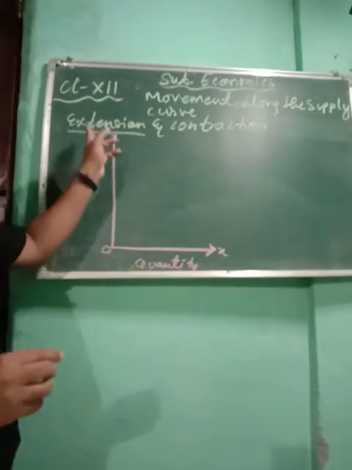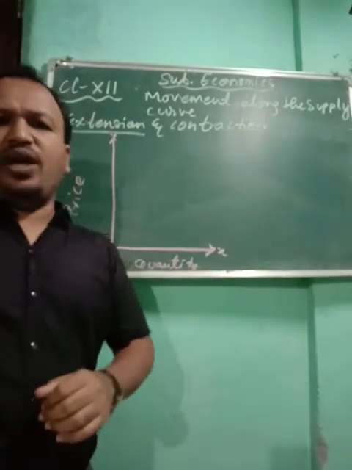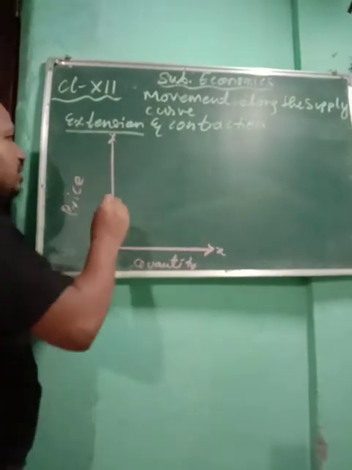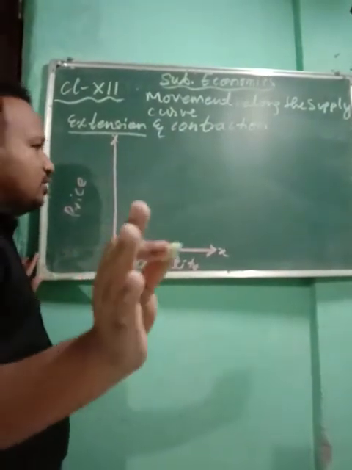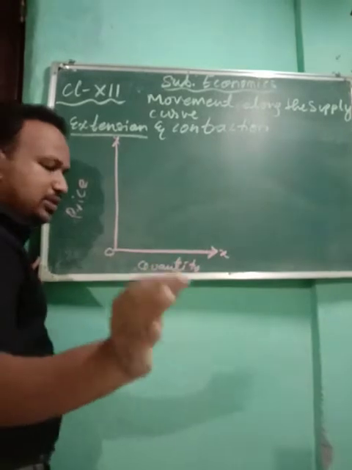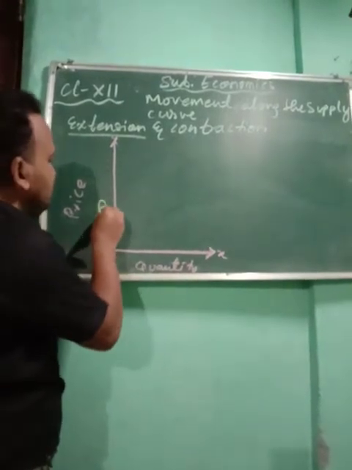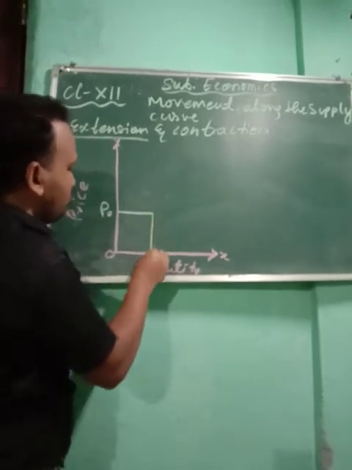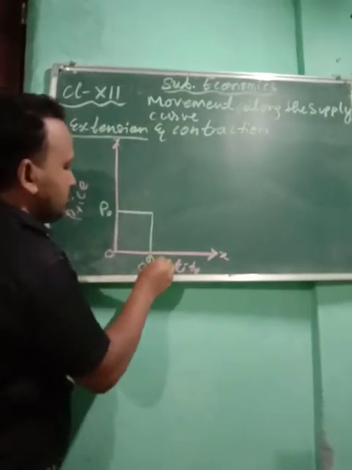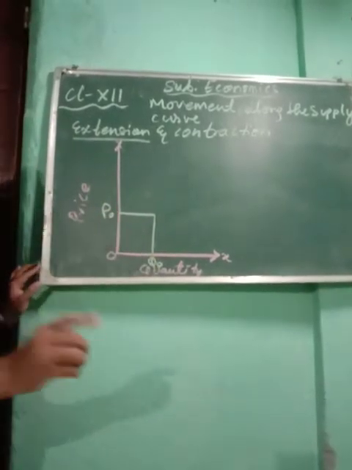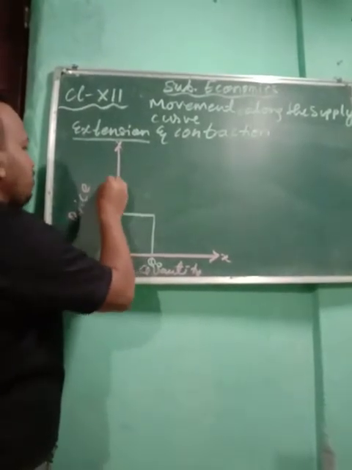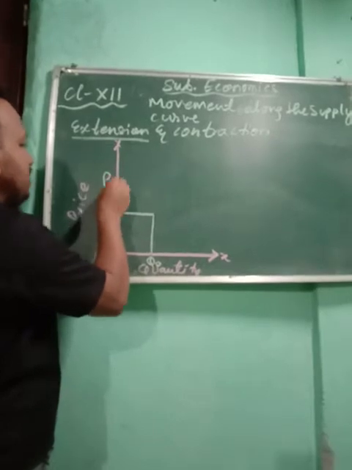Now we are going to show extension. When we show the extension, just keep in mind the law of supply. First I am starting with a normal point. When price is low, your supply is also low, so we take Q0 as the quantity and P0 as the price. Now suddenly there is a rise in price, so from P0 the price increased to P1.